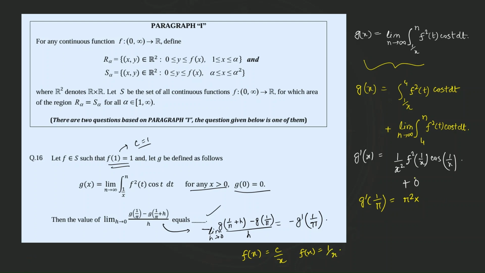That means f of 1 by x will be x. So x square will give us 1 by pi square, times cos of pi, that means minus 1. So this means that minus g dash of 1 by pi will be equal to 1. So in this case, we have 1 as the correct answer for this problem. So this is how we solve this paragraph.